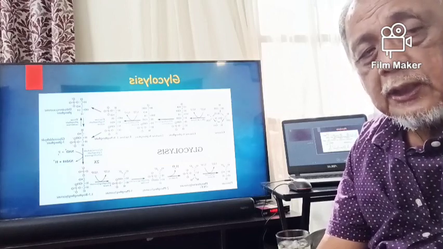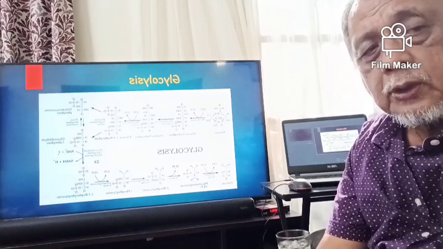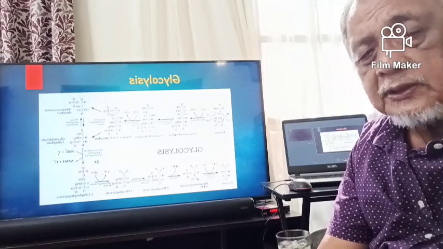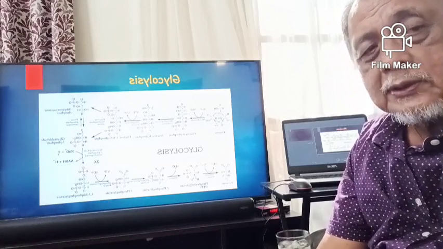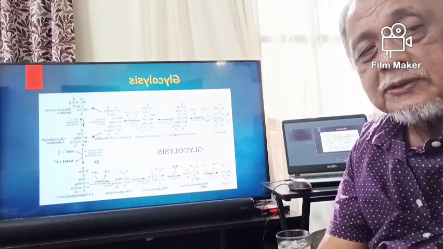If it is stored in the liver, it is stored as glycogen. If it is stored in the other parts of the body, it will be stored as fats. So take note, carbohydrates that undergo this pathway can be stored as fats.